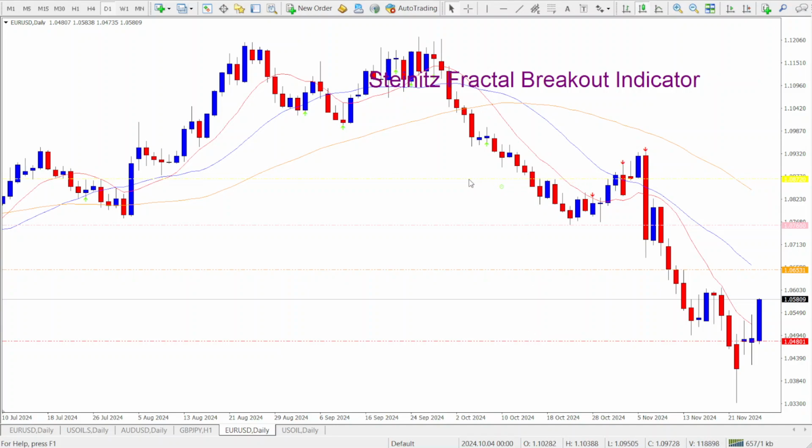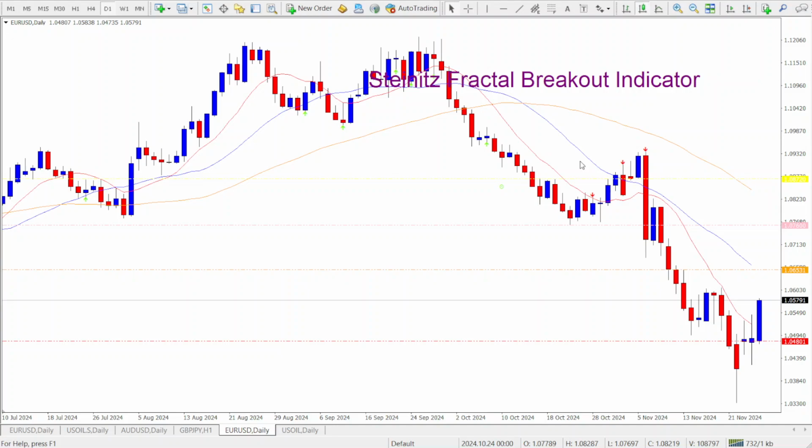As you can see, this is a price point, this is an important price level, this is another, this is another, this is another. So these components all together help traders to identify precise entry and exit points.